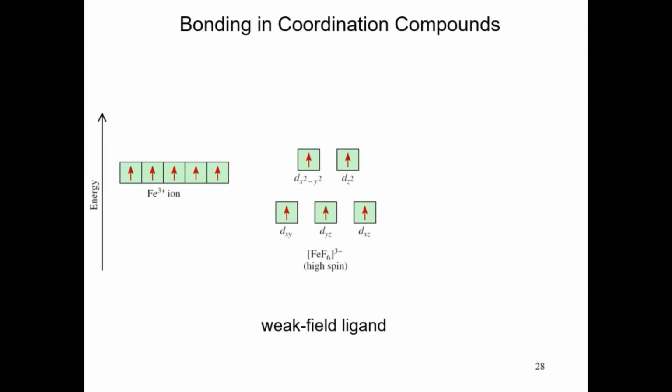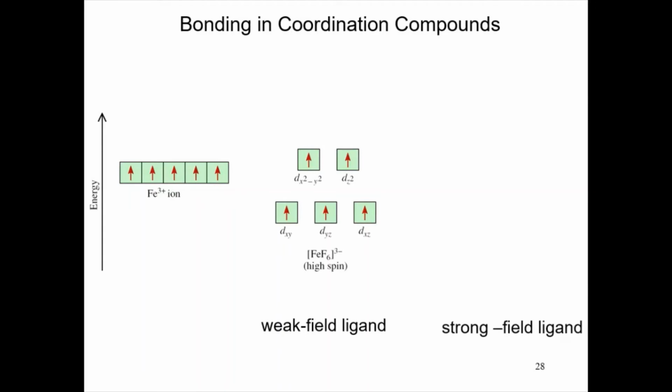In other words, the difference in energy by the crystal field splitting is not that huge, it's not insurmountable, and still the atom, quote unquote, prefers to minimize the repulsion that is forced by putting electrons in the same orbitals. And so what happens here is you now have 5 unpaired spin electrons. So this is what we call a high spin complex, because you have many electrons that have unpaired spins in them.